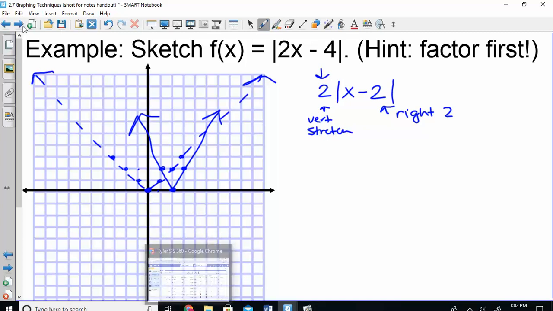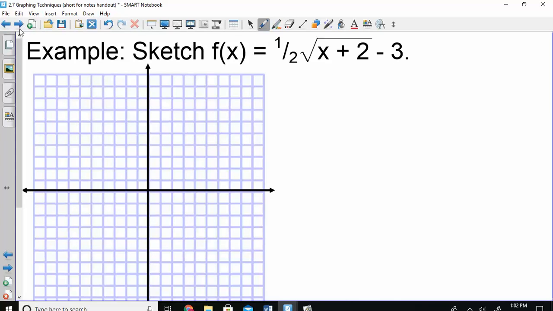I might do 2 more, and then I'm probably going to stop for today. I don't think we can get through everything. Okay. So how many different transformations do I have here? 3 of them.